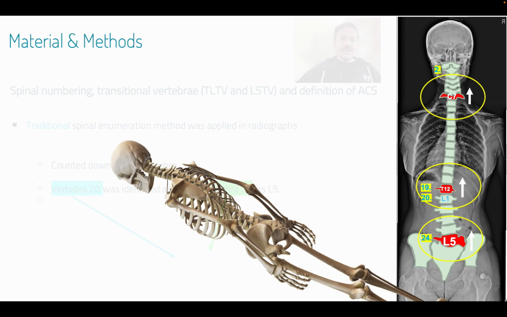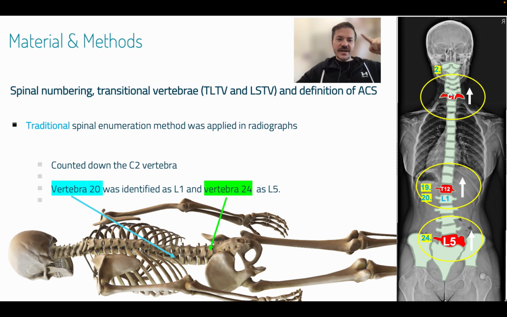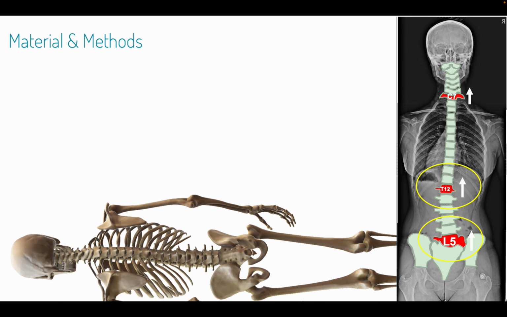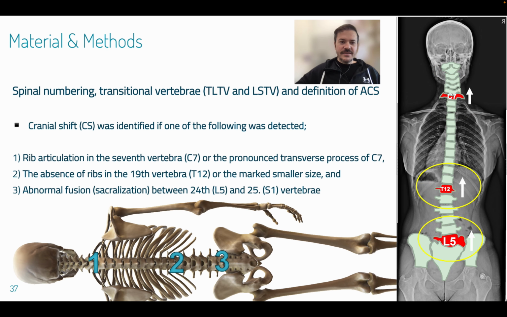And we started to count down from the C2 vertebra because it's easily visible on the X-rays, and we counted down until the 12th vertebra, and we named the 12th one as L1, because the normal anatomy is like so, and the 24th vertebra as L5. And we say that if the rib articulation in the 7th vertebra or the pronounced transverse process vertebra exists, we stated that.